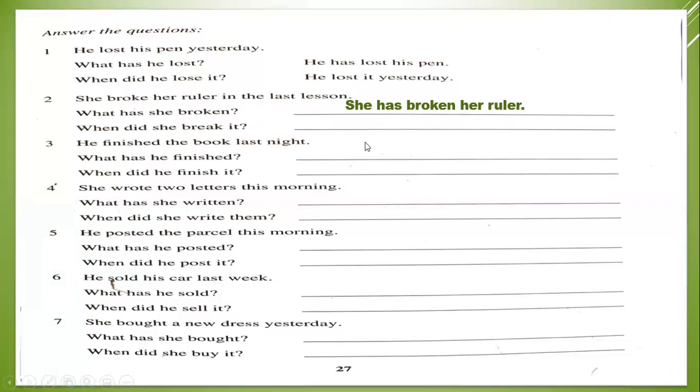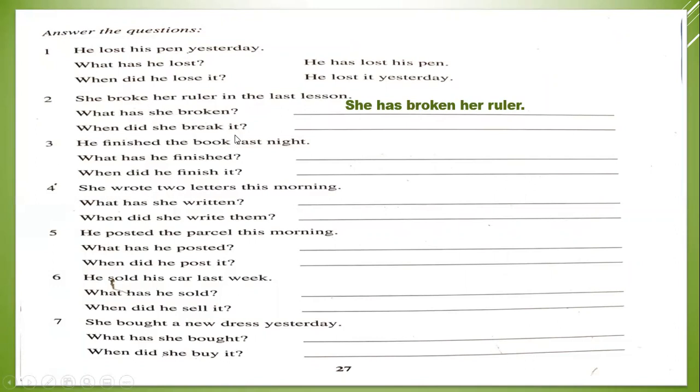She broke it. Now here with has, look, now you can easily understand from this example. Here the word has, so we write the third form of the verb, broken. Break, broke, broken. This is the word break. The second form is broke, and the third is broken. All written here.